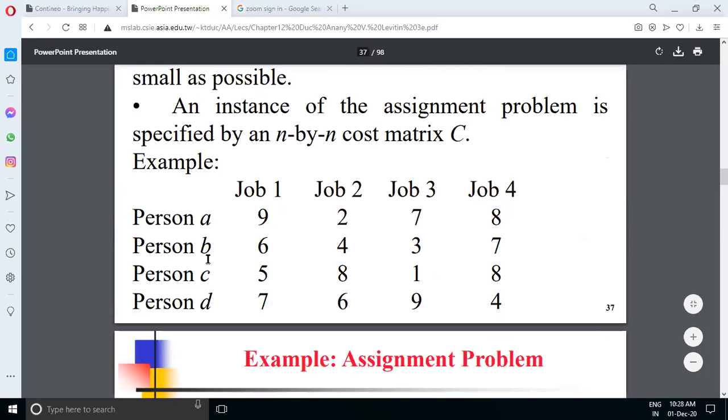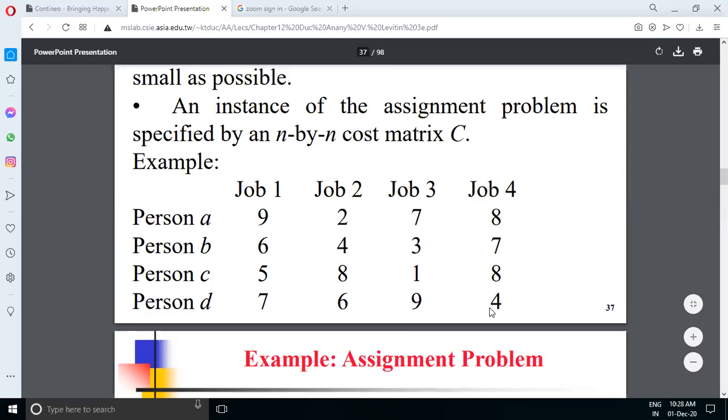Okay. In the second row, what is the minimal value? Quickly, you tell. 6, 4, 3, 7. What is the minimal value? 3. Okay. In the third row, 5, 8, 1, 8, which is the minimal value? 1. And in the fourth row, which is the minimal value?